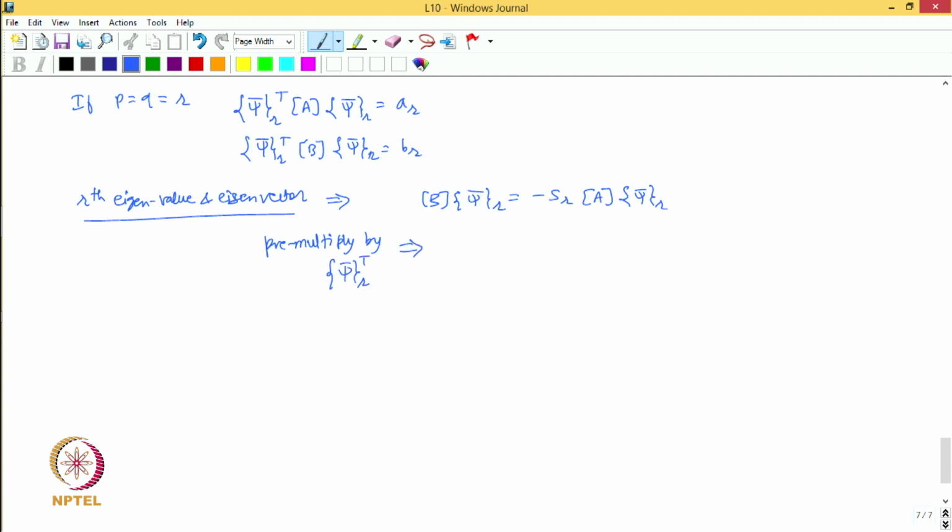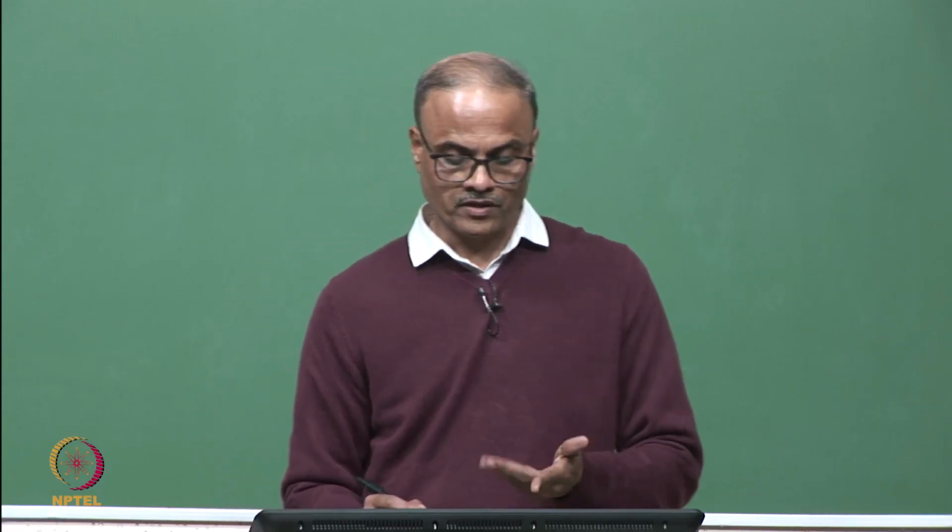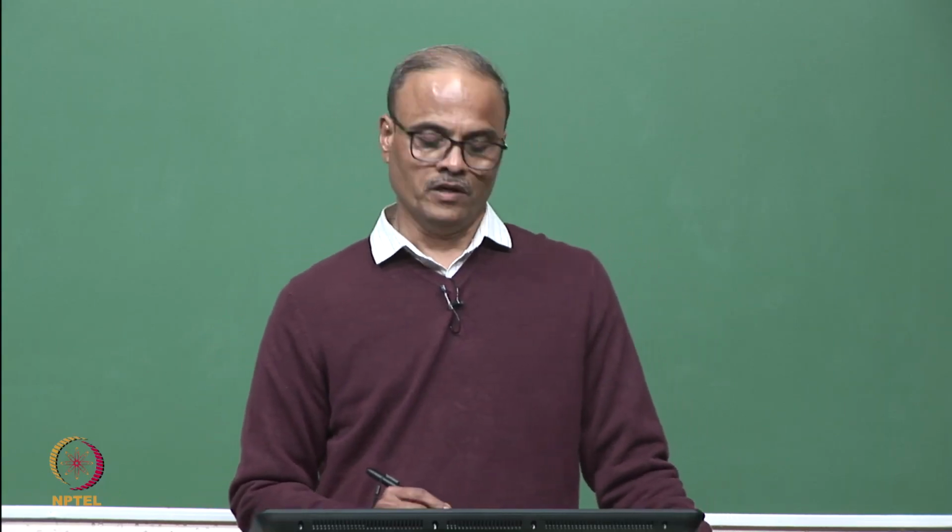Then on the left hand side, because of the orthogonality property, this quantity would be simply BR is equal to minus SR, and the right hand side we would have AR, and therefore we see that SR is nothing but minus BR upon AR. So, the ratio of minus BR and AR is equal to the Rth eigenvalue. So, that is nothing but the relationship between AR and BR.